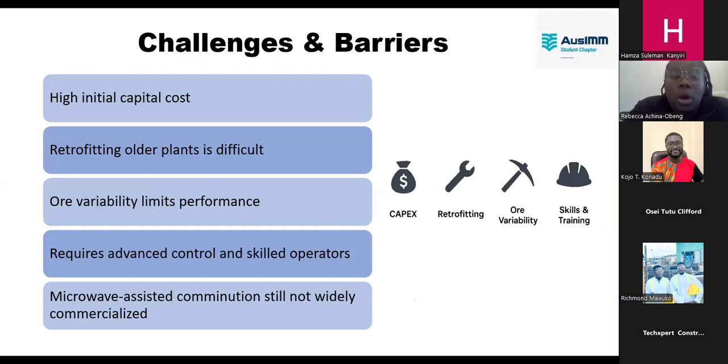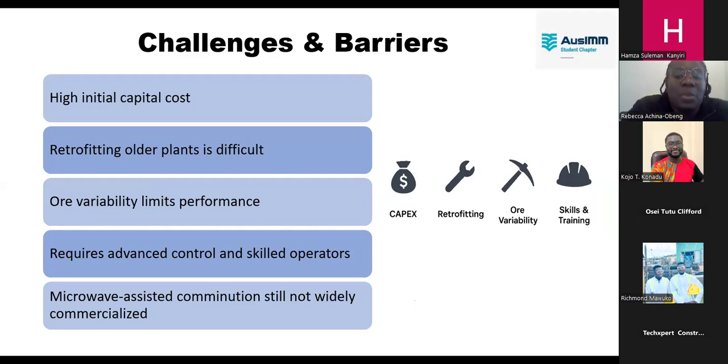Now, from all the technologies and strategies that we've just discussed, of course, like I mentioned, each has its own challenges and barriers. Although these technologies offer significant energy reductions, there are several challenges that often limit their adoption and employability. The first one we want to look at is the capital cost.